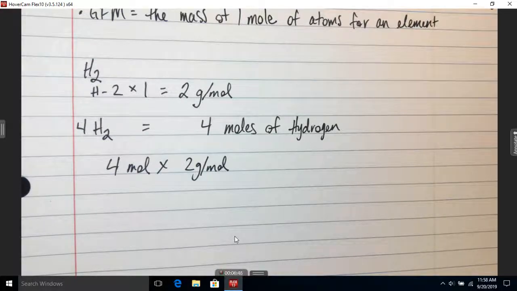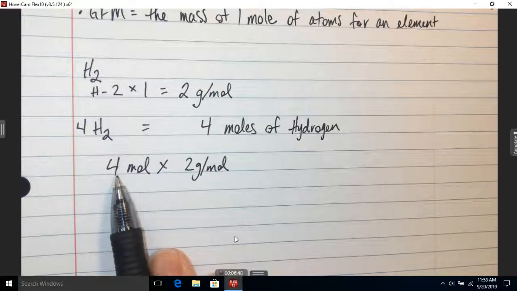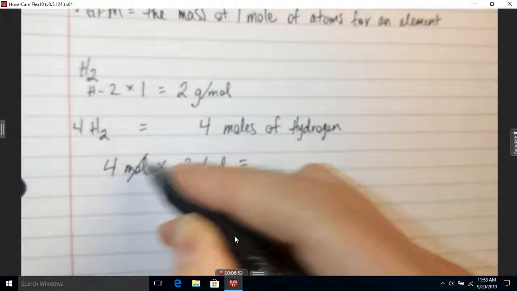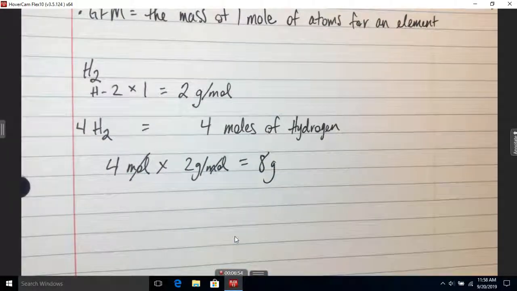Everybody's okay right now? Taking the 4 moles times 2 grams per mole, and that's going to equal 8 grams. That's how you do it. Wait, say it again. I did 2 separate problems.